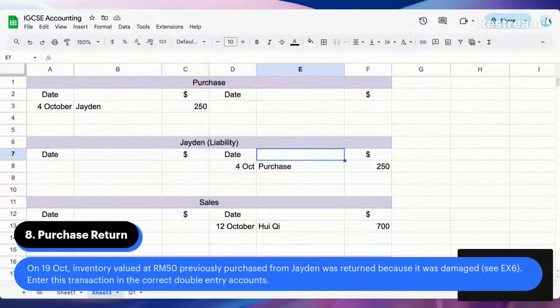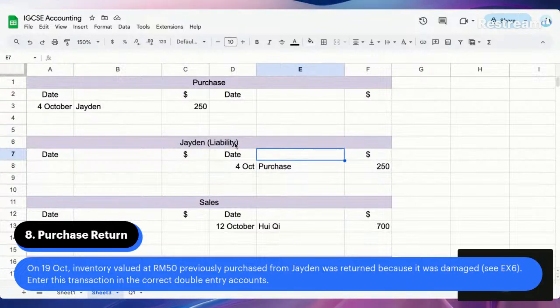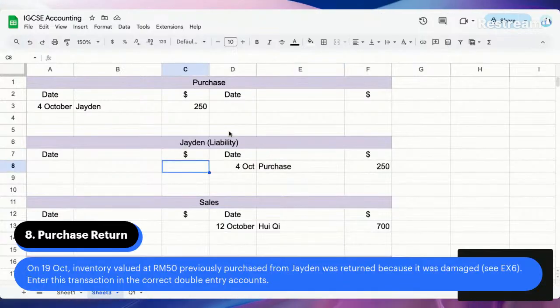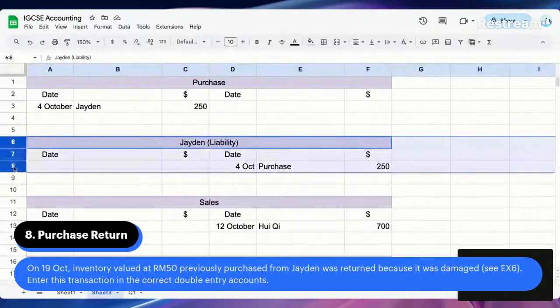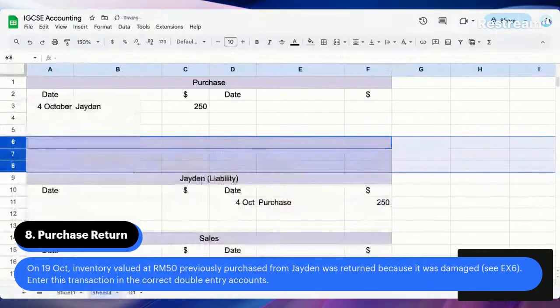From here we can see that earlier I made a purchase from Jayden, right? And this is example number 8. For Jayden, there is a return of 50. So we need to create another T account.